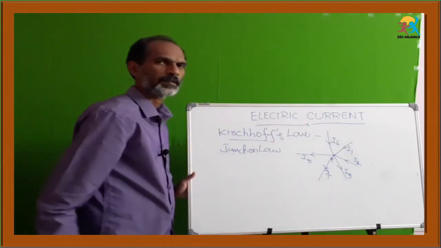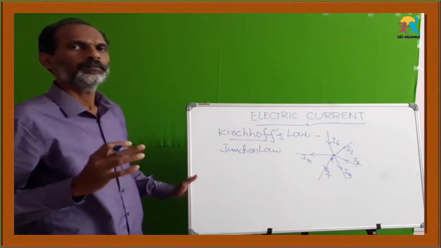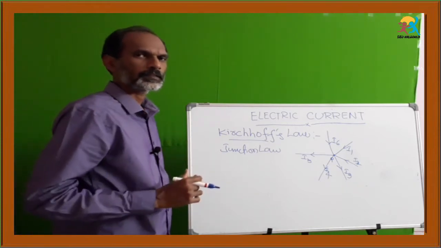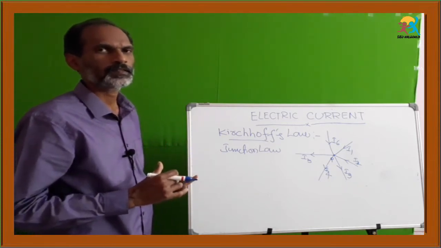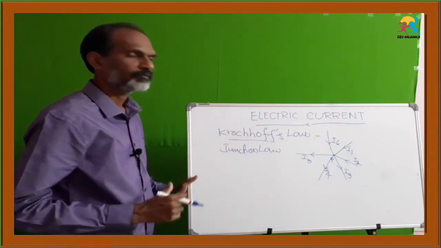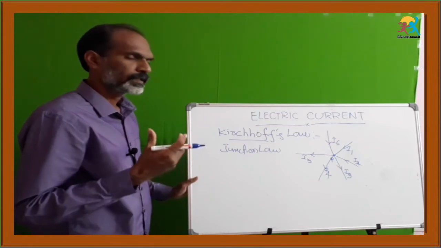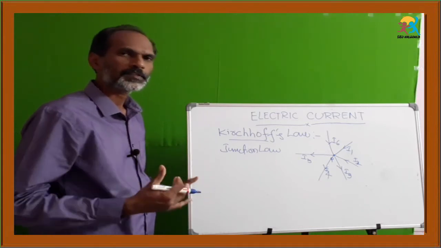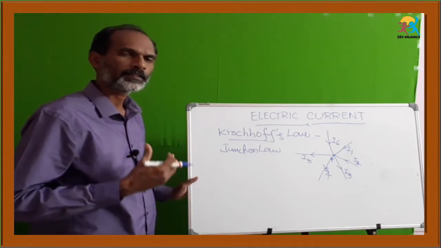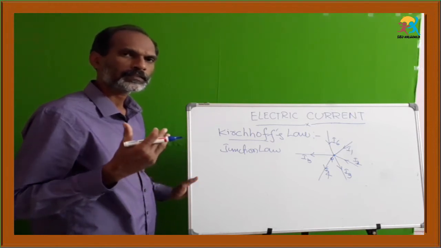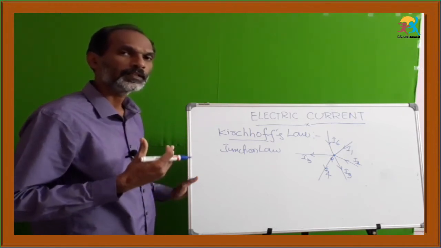According to this junction law, the sum of the different currents at the junction will be 0. Otherwise, the electric currents which are coming towards the junction are equal to the electric currents which are leaving the junction.